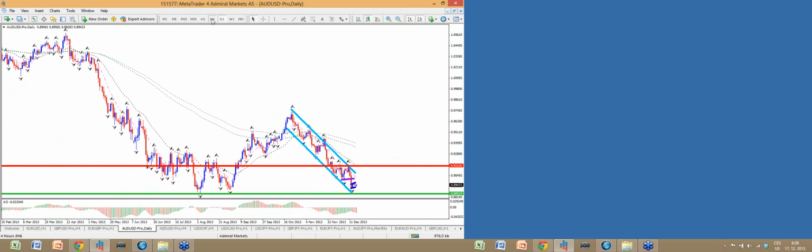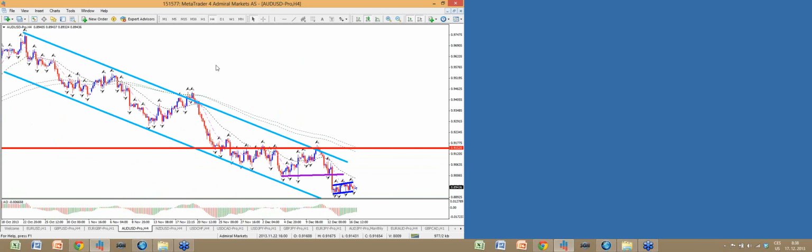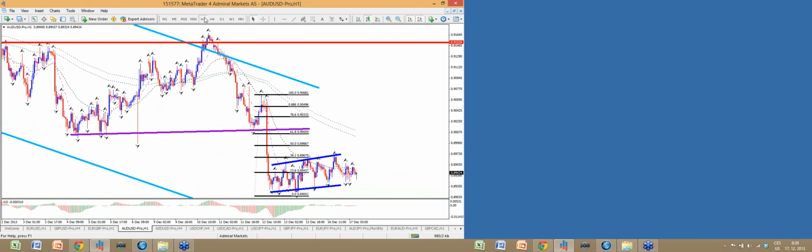Let's take a look at the Aussie, otherwise I think people maybe get bored with the dollar yen. Aussie, same story though. I don't want to be an old record here, but here too, downtrend but approaching support. So here too a trend approaching key levels. Aussie also making a correction of a chart pattern.